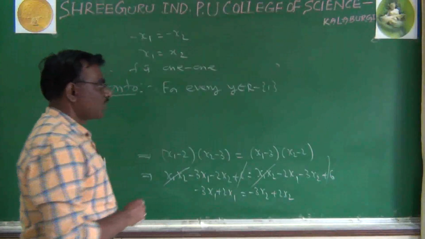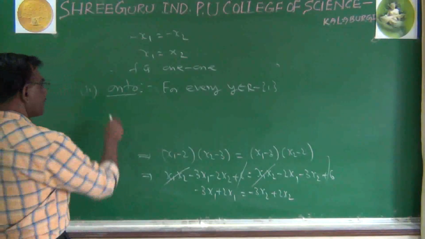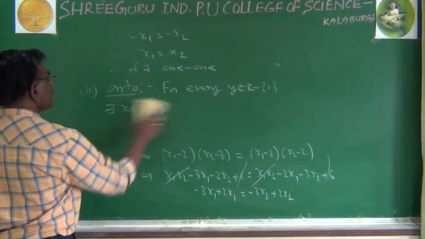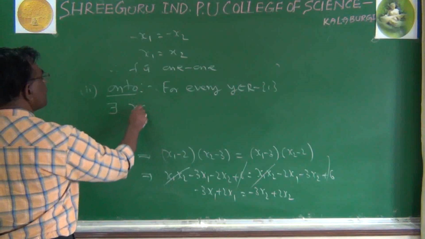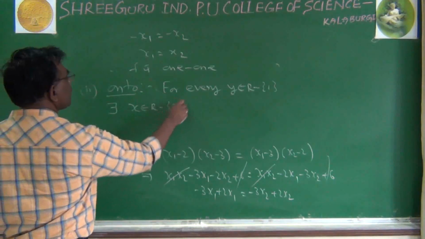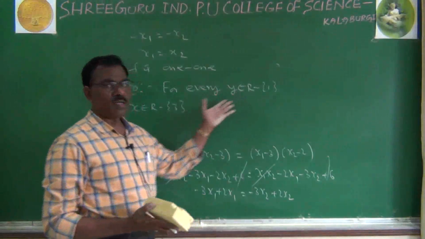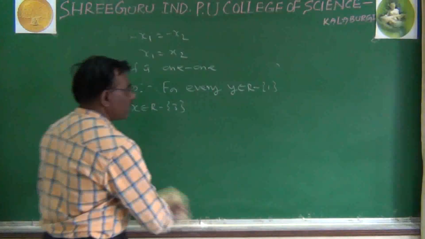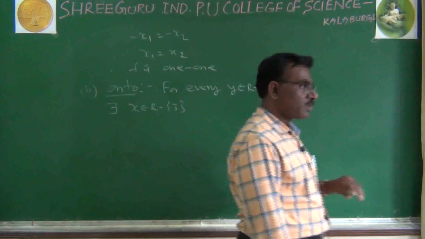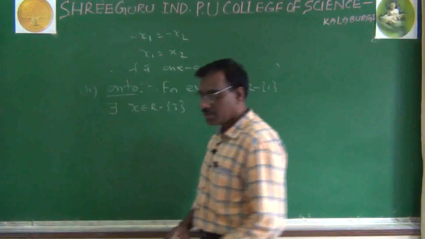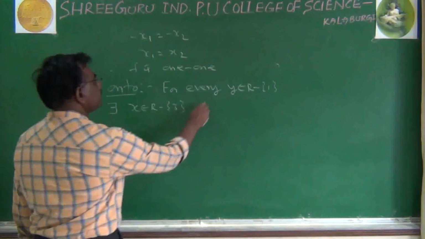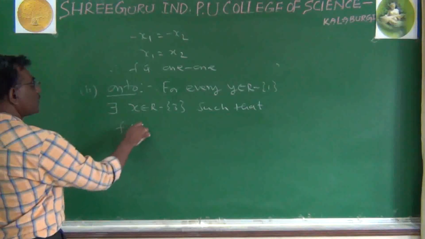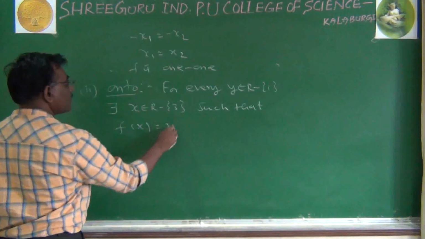For every y belongs to R other than 1, there exists x belongs to R other than 3. This is the codomain, and this is the domain. Such that f of x equals y.